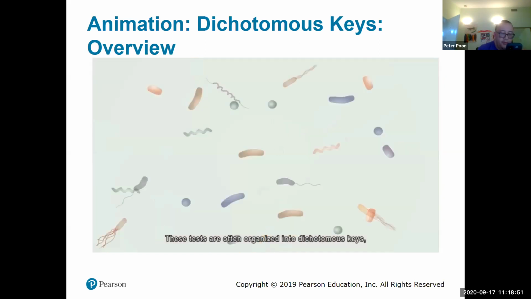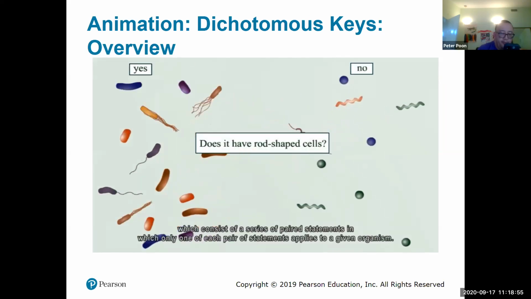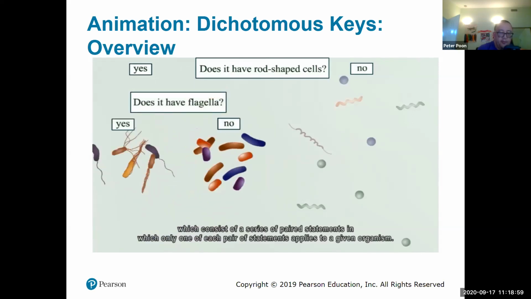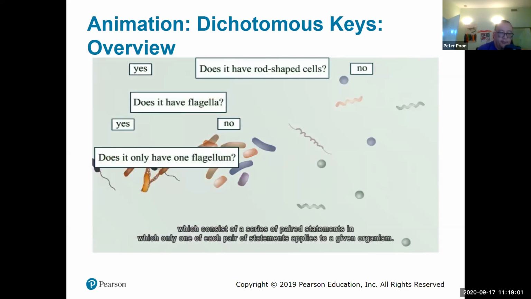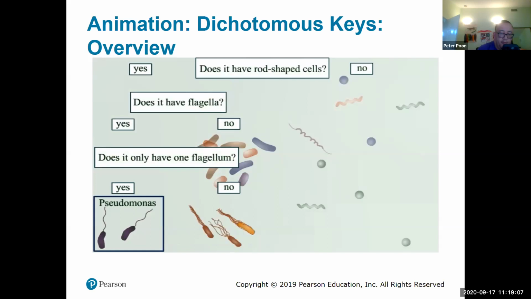These tests are often organized into dichotomous keys, which consist of a series of paired statements in which only one of each pair of statements applies to a given organism. Dichotomous keys provide a step-by-step procedure for identifying an organism.